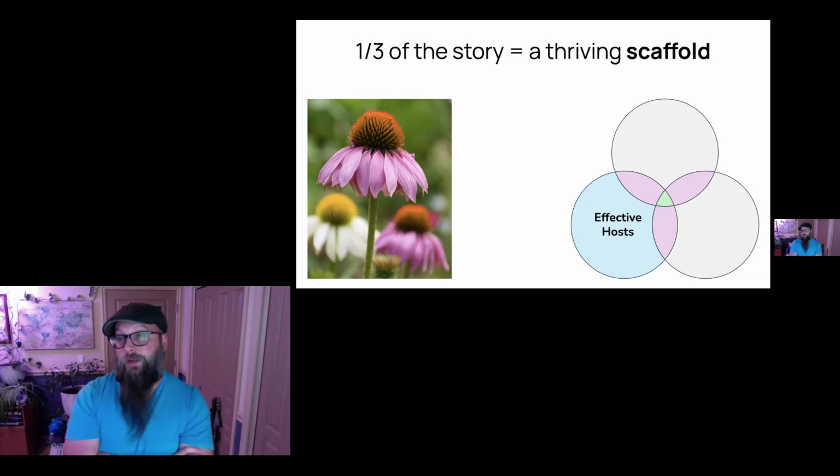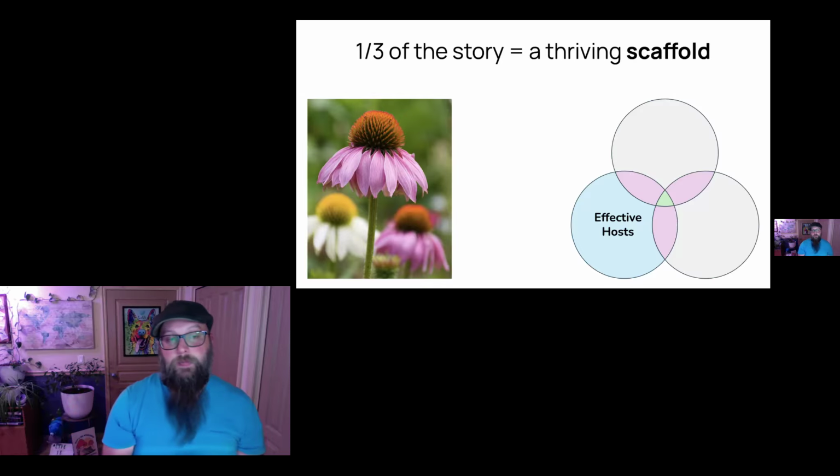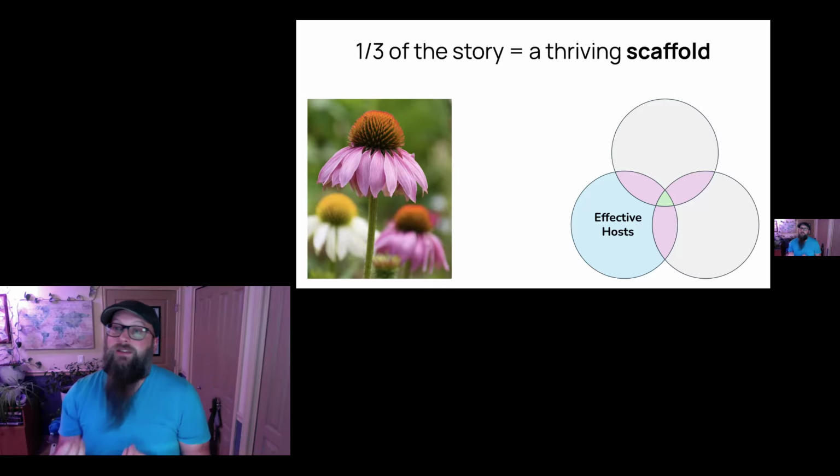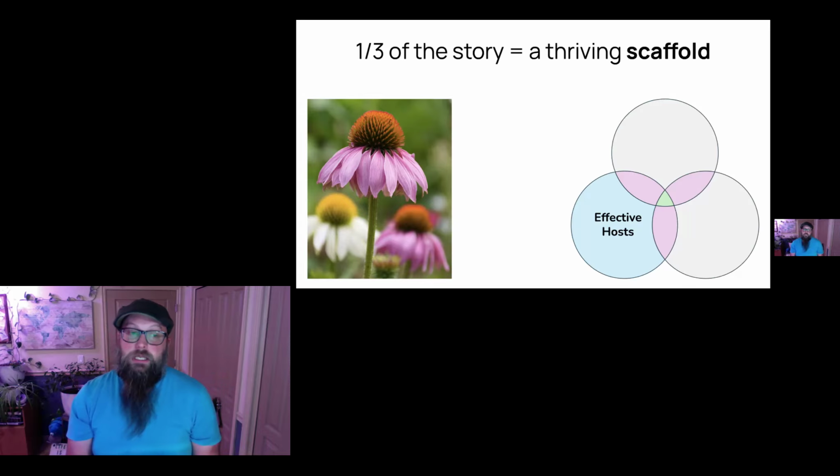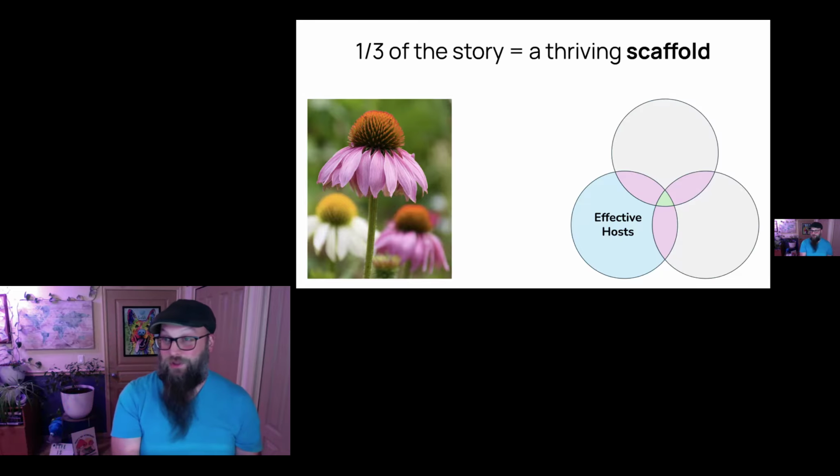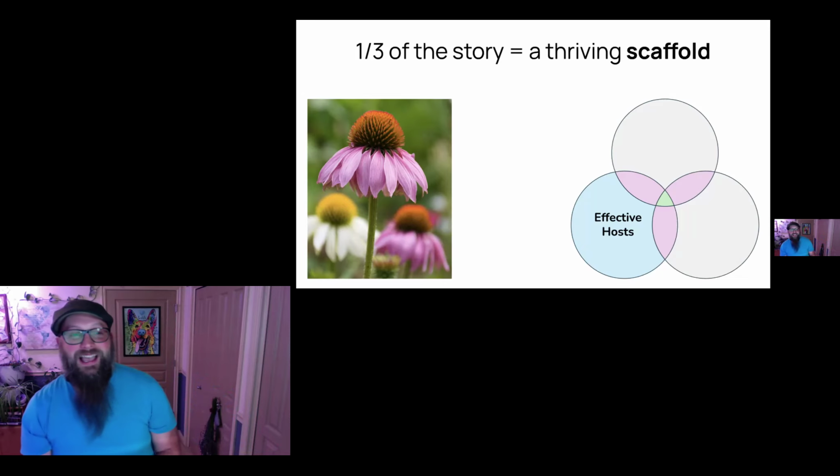And in my original graphic with the holobiont kind of nexus here, this encompasses what I'd call effective hosts. So another way of saying this is we need a thriving scaffold. In this case, I've got a picture of echinacea, which I grow plenty of. Some people call it coneflower, a common name.